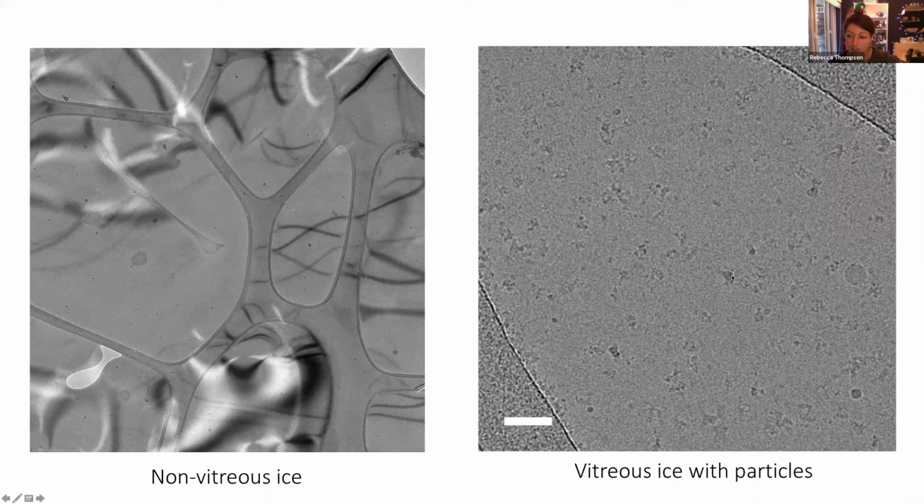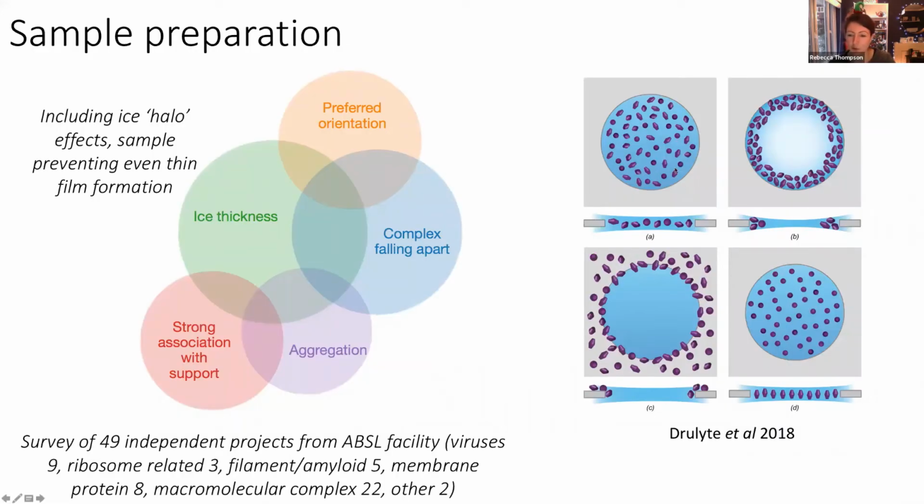Unfortunately, what's not routinely achievable is your proteins forming, as shown in A here, a nice monodisperse arrangement of particles in different orientations. A little bit of a survey of projects that we have going through the ABSL facility basically showed that even for things we would consider to be fairly routine, such as icosahedral viruses, almost every specimen that we've had come through has required some kind of optimization of the cryo-EM grids.